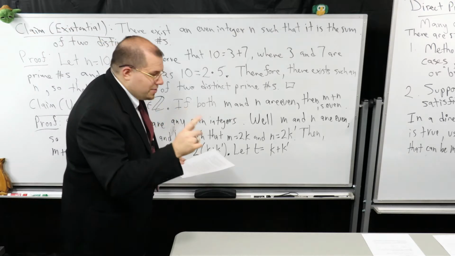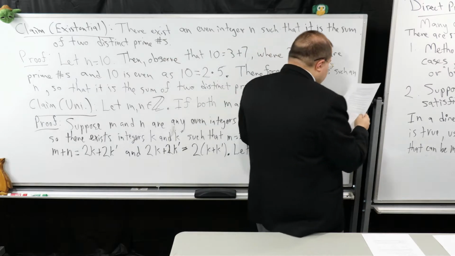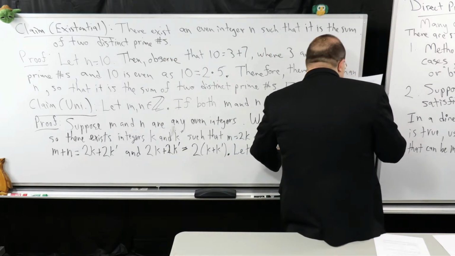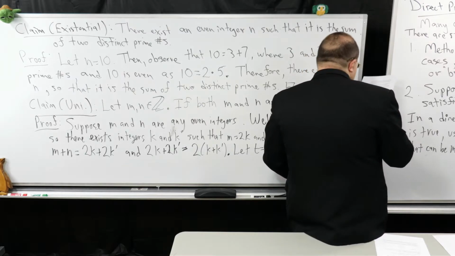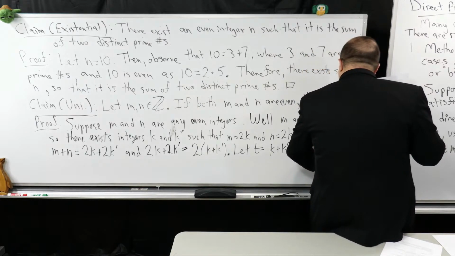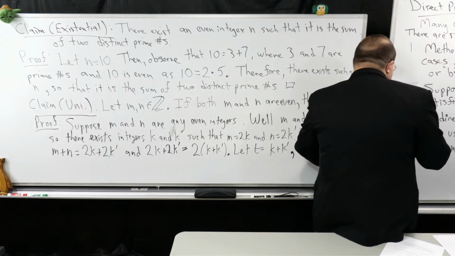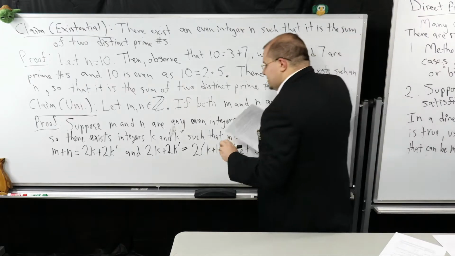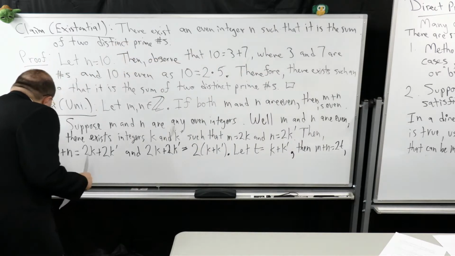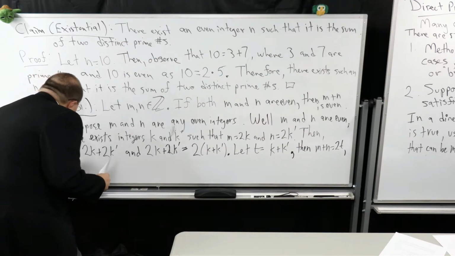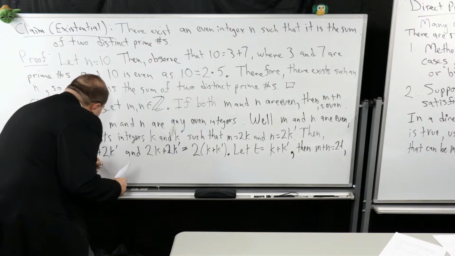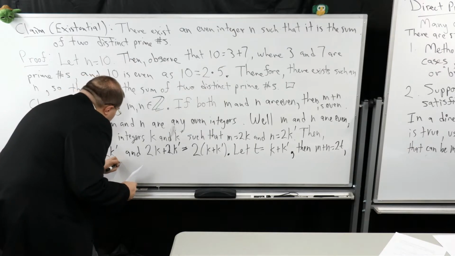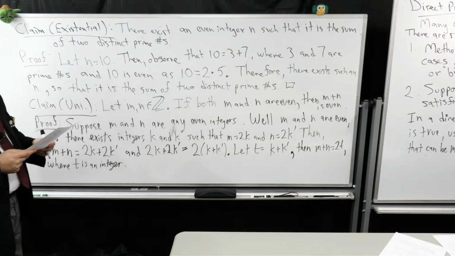It's an integer, right? Then m plus n is equal to 2 times t, where t is an integer. Piece of cake.